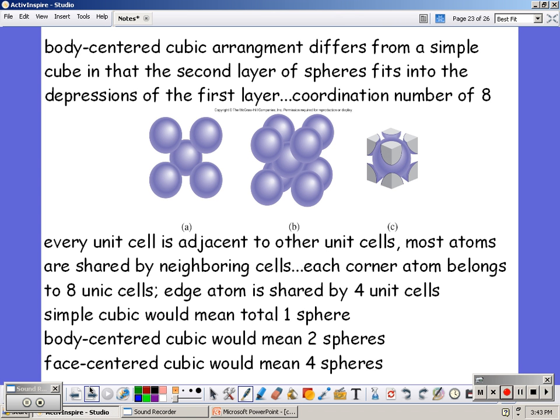And the body would be 1 because it's only in that one cube. So a simple cubic, only having atoms at the corners, would actually be 1 sphere. Body-centered would be 2 spheres, 1 from the corners, 1 from the center. Face-centered cubic would be 4 spheres, 1 from the corners, and then 3 from the faces, because each face is going to split it in half.